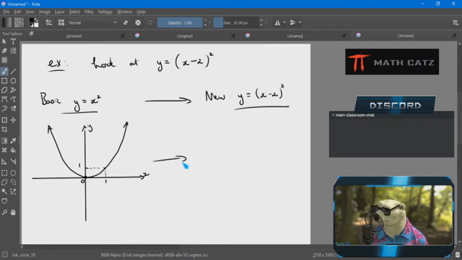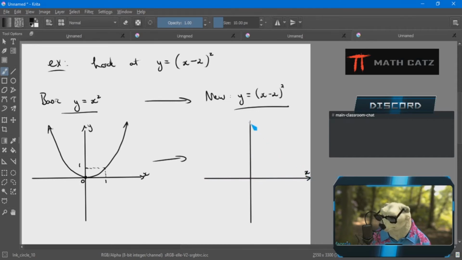Okay, so now I'm trying to understand, instead of me just telling you, I want to understand why the graph changes in the way that it does. So let me just set up my XY plane here. Like so. All right.